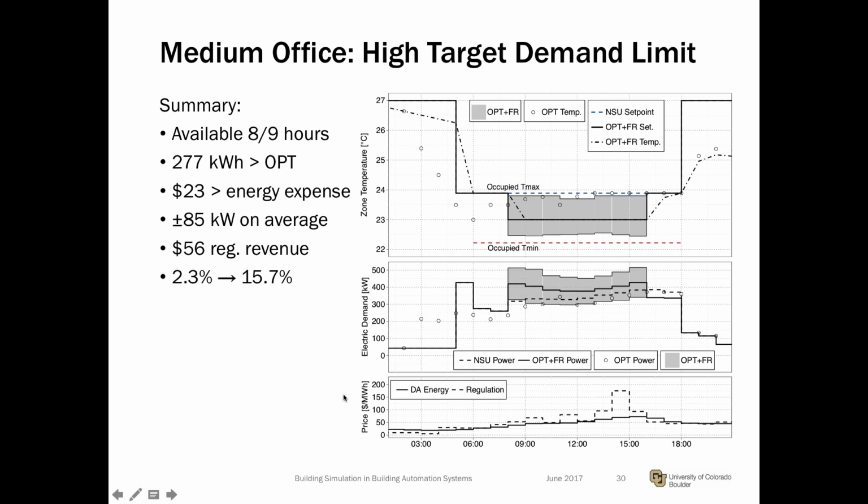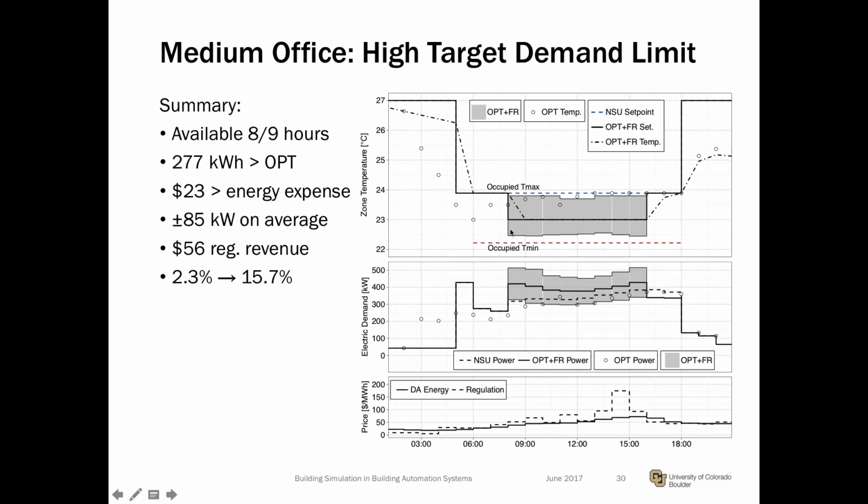So if we apply this to a medium office building, we assume a high target demand limit, one that is 1 gigawatt, a number that this building will not achieve. So it becomes irrelevant. And what you see is that the optimizer decides to depress the temperature set point below the upper limit for a good part of the day, so as to provide frequency regulation for most of the day.